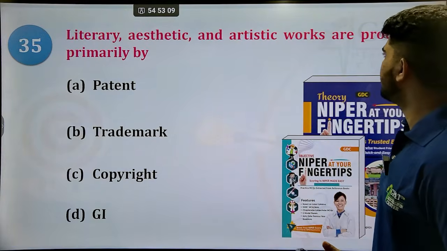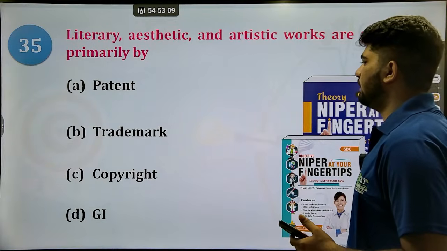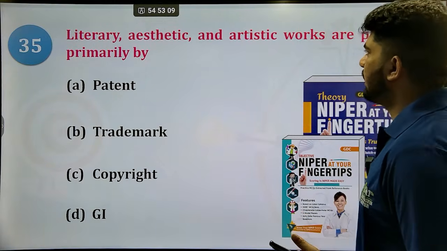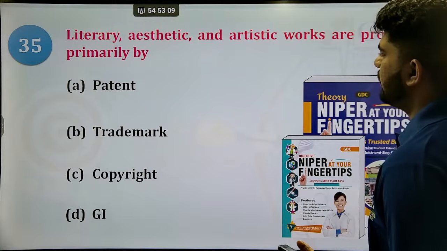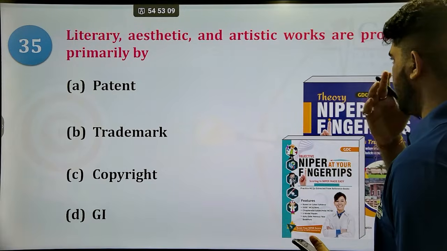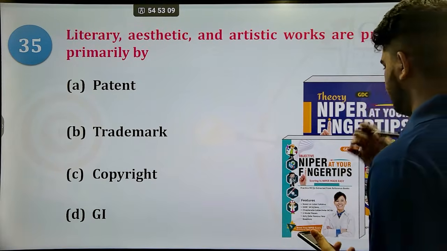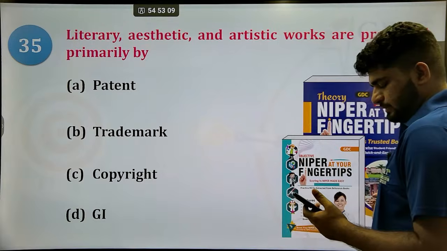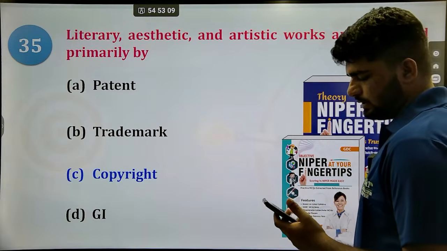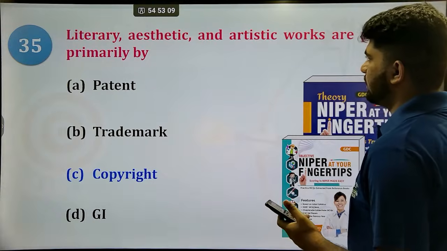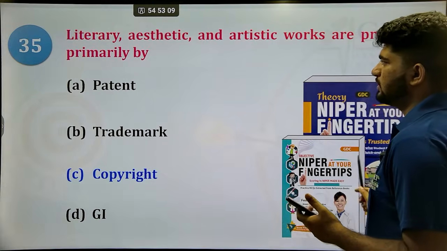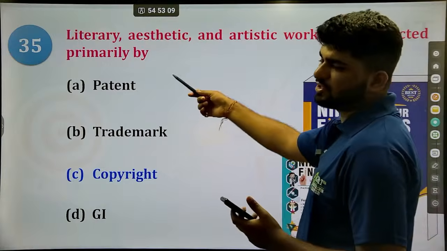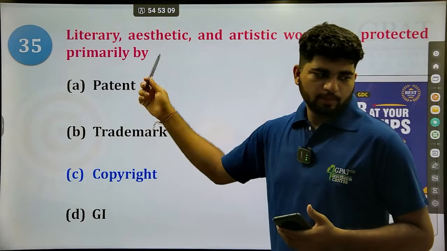Literary, aesthetic and artistic works are protected primarily by copyright. What is GI? Copyright protects literary and artistic works. Innovations and research can be protected through patent.